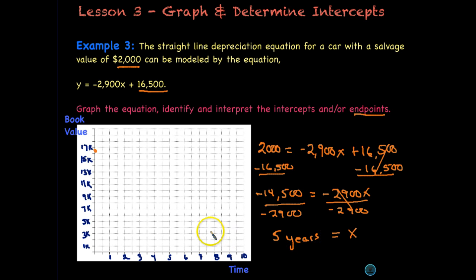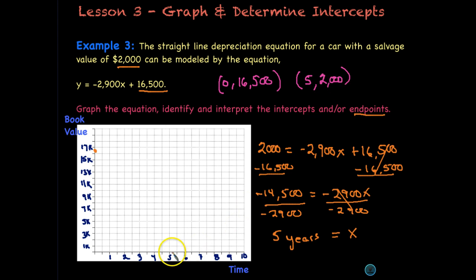We are ready to graph our endpoint. So let's go ahead and write our point so that we know what we're graphing. The first point we graphed was our y-intercept, and that point was at 0, 16,500. Let's graph our other endpoint. We know that at 5 years, we are going to have a salvage value of $2,000.